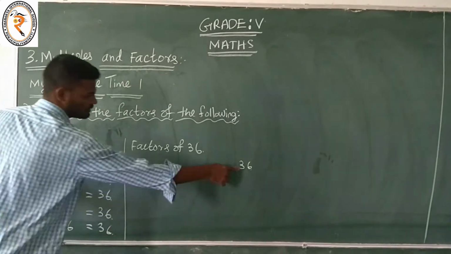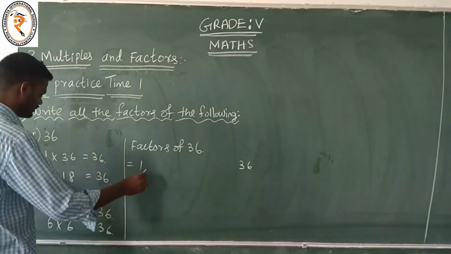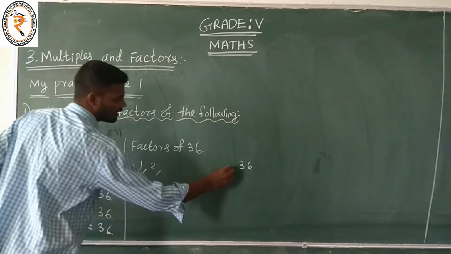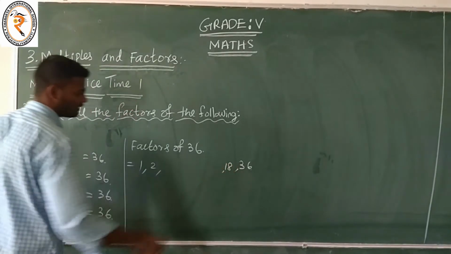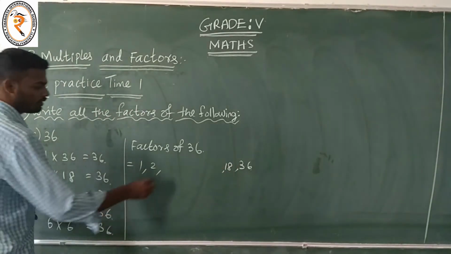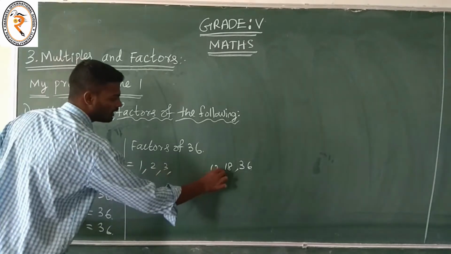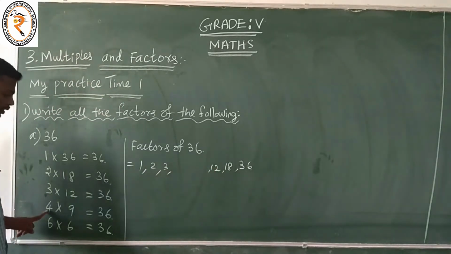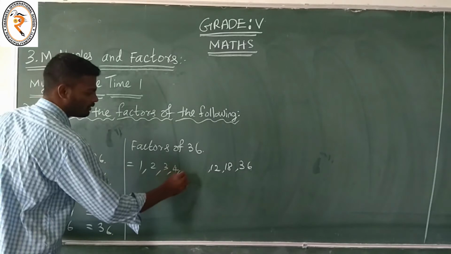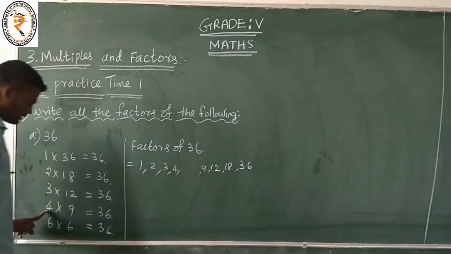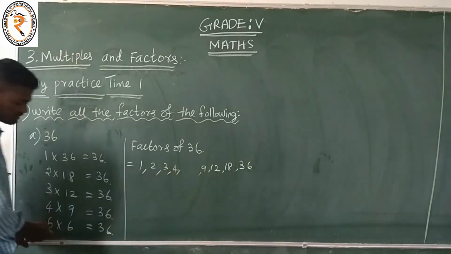36 ones are 36, and 2 18s are 36, and 3 12s are 36, and 4 9s are 36, and 6 6s are 36.